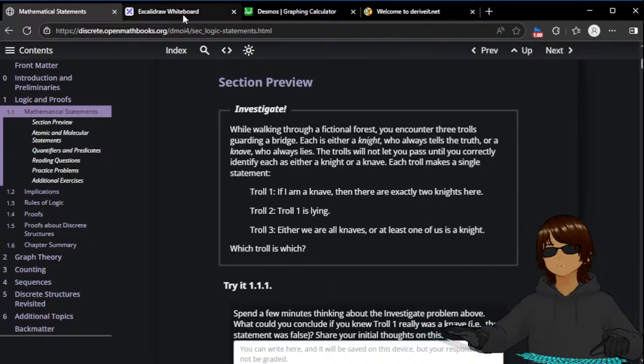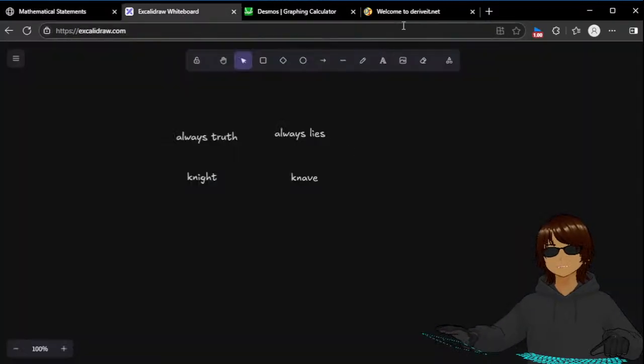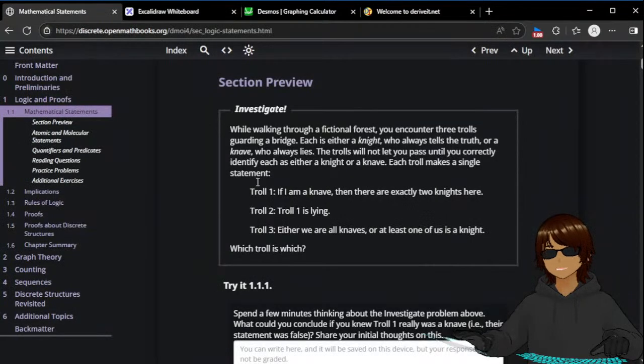Oh, so there are three of them, and each one is either a knight or a knave. Troll one: if I am a knave, then there are exactly two knights here.